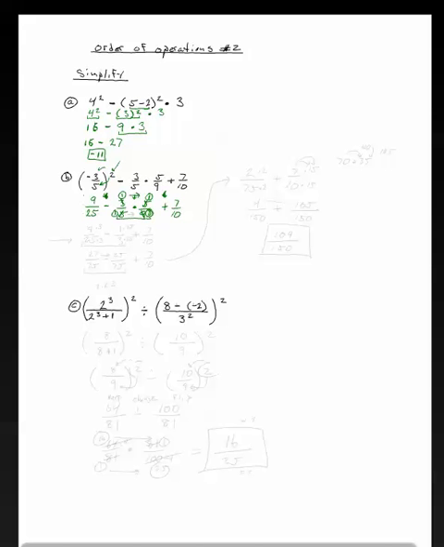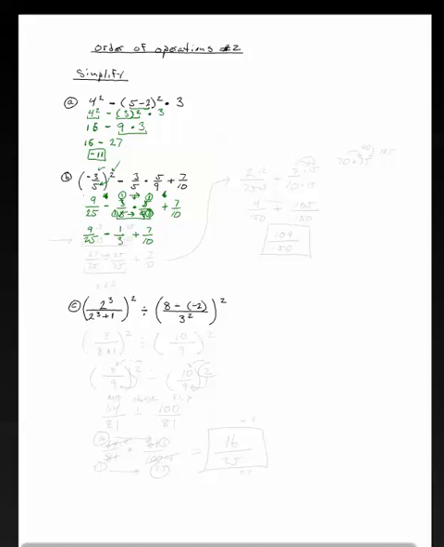And now I can just multiply straight across. So I'm going to write out my whole problem. That's 9 over 25 minus 1 times 1 is 1, and 1 times 3 is 3, plus 7 over 10.